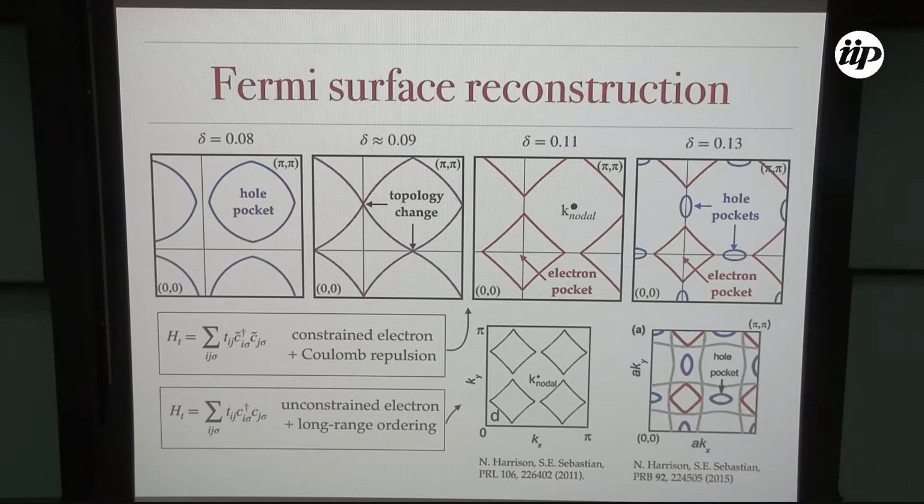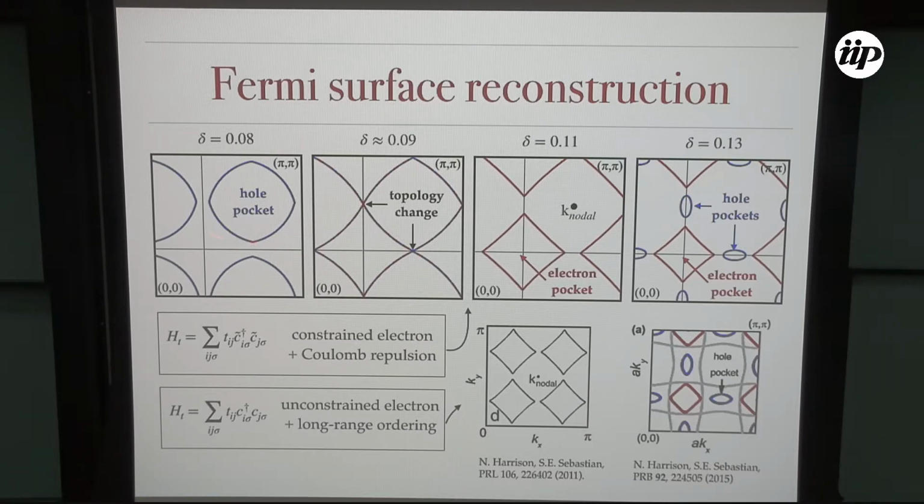The Fermi surface which was calculated by this method you can see here. This is a Fermi surface calculated by cluster perturbation theory with accounting for the Coulomb repulsion, and you can see the evolution of the Fermi surface. At 8% doping, we have closed hole pockets.